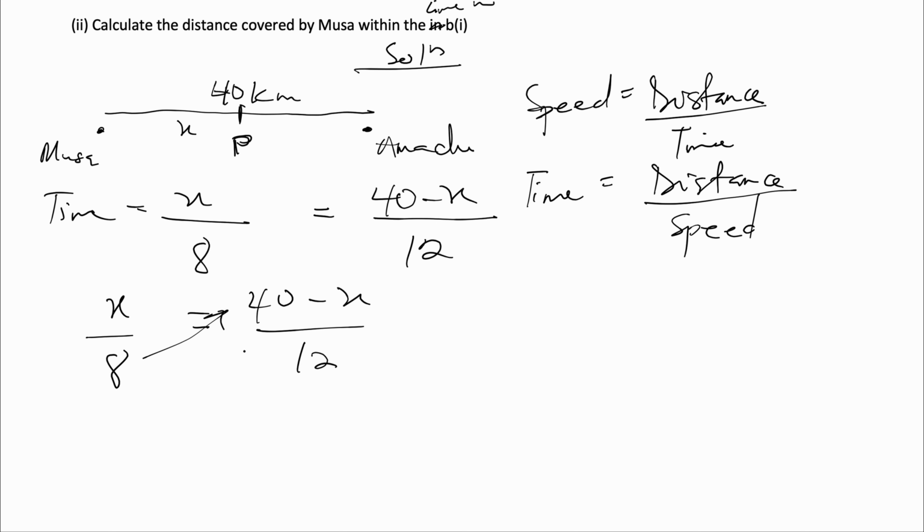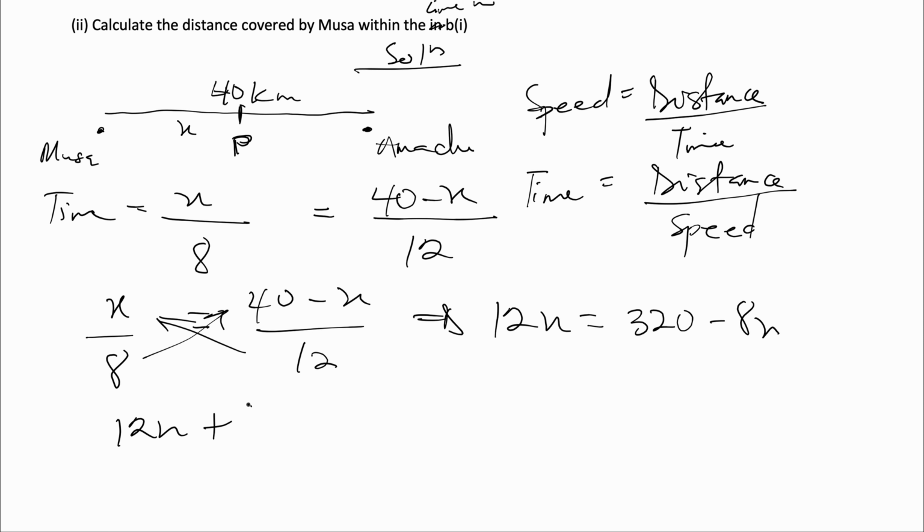Now when we cross multiply, we get 12X is equal to 320 minus 8X. So we can group like terms. 12X plus 8X is equal to 320. Now 12X plus 8X is equal to 20X, which is equal to 320.